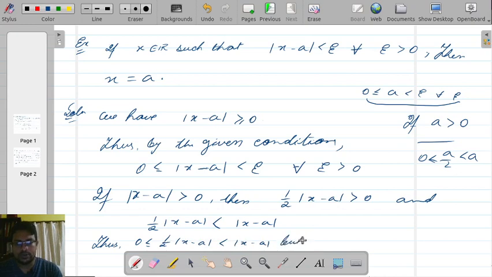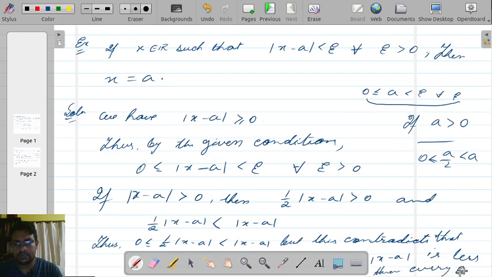But this contradicts the fact that mod of x minus a is less than every epsilon greater than 0. Here we have got an epsilon, that is half into mod of x minus a, which is actually less than mod of x minus a.